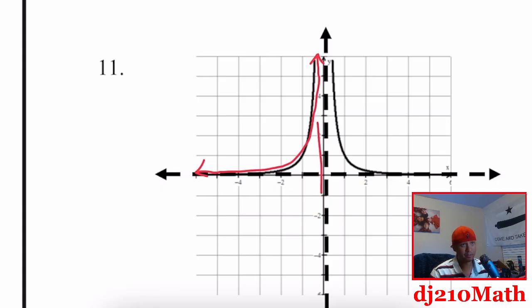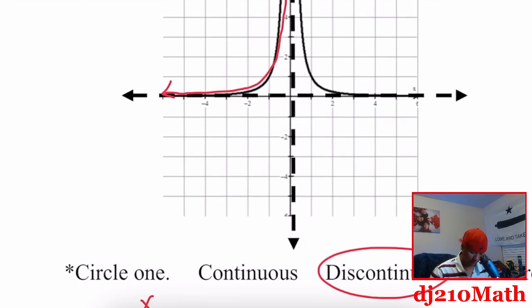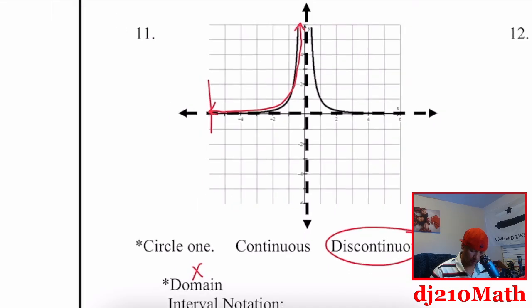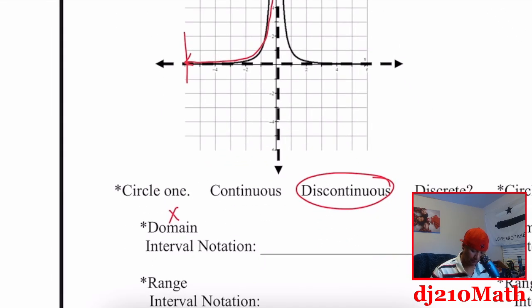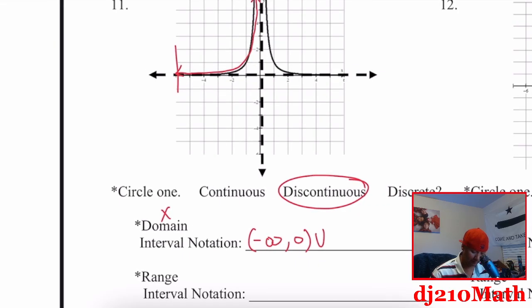So it's essentially 0, but we just don't include 0. So that'll be 0. Not 0. It'll be -infinity up to 0 with parentheses, right? Because it'll never be 0. There's 2 pieces, so we're going to union them together.